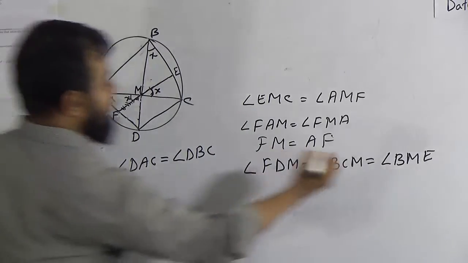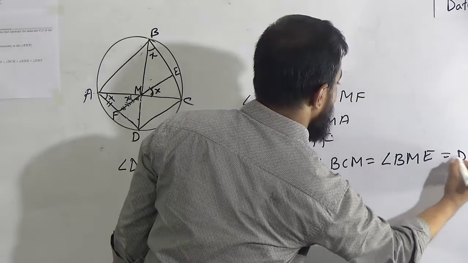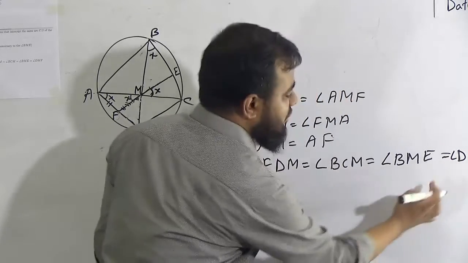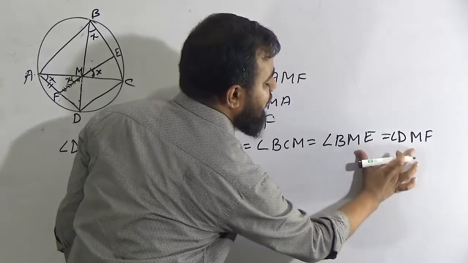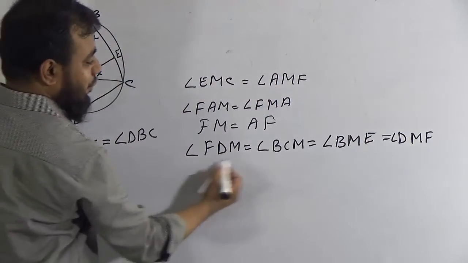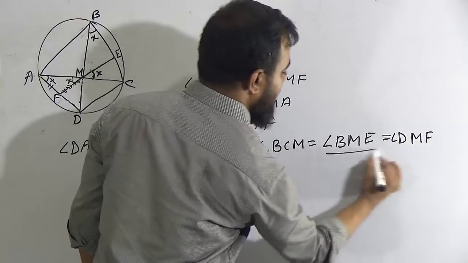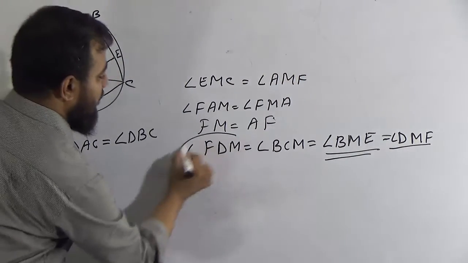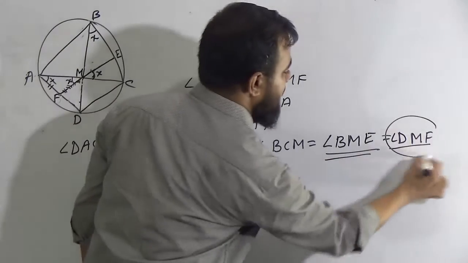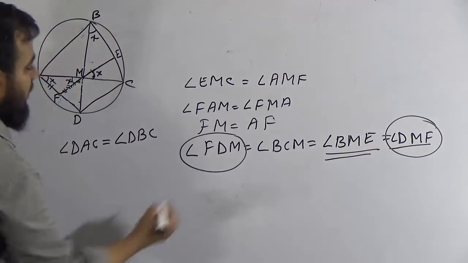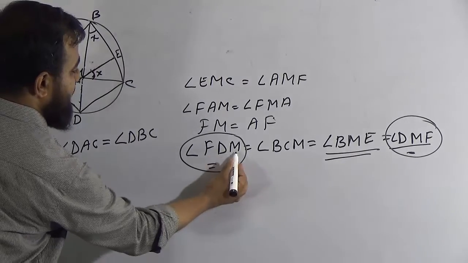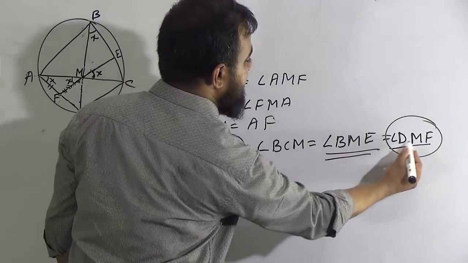And that's equal to, we can write down, DMF. Why? Because these two angles are vertically opposite angles to each other. So these four angles will be equal to each other. That's why we can write down this angle is equal to this angle. So we can say that angle FDM is equal to angle DMF.